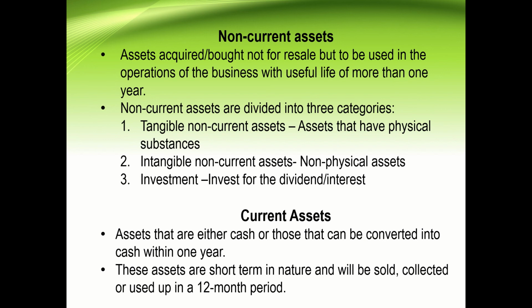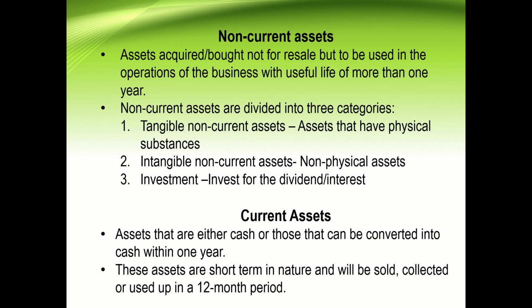Non-current assets are divided into three categories. One is tangible non-current asset. What is tangible non-current asset? Tangible non-current assets refer to non-current assets that have physical substance. For example, land and building, machine, equipment, furniture and fitting, motor vehicle, and etc. 2.